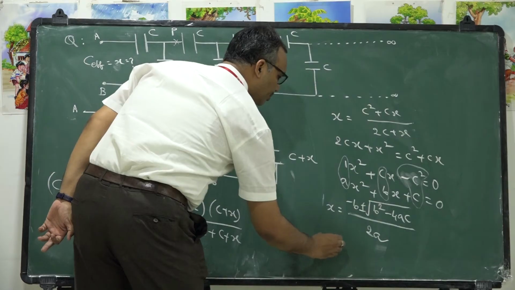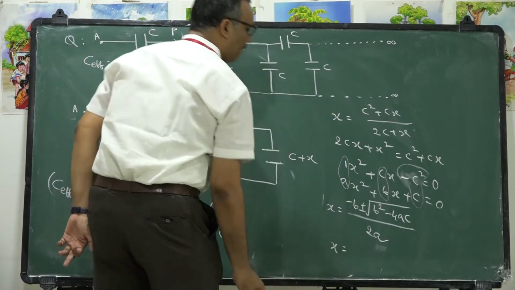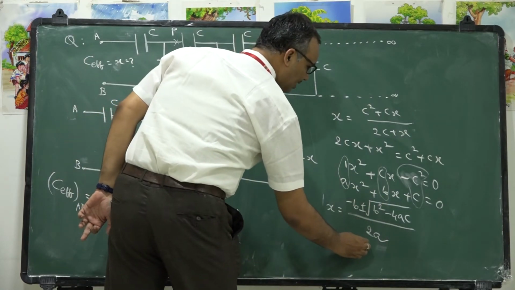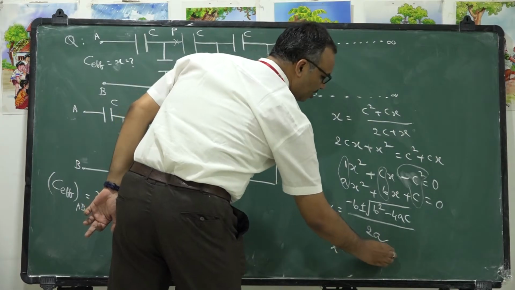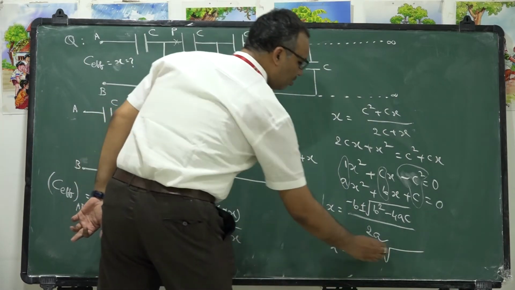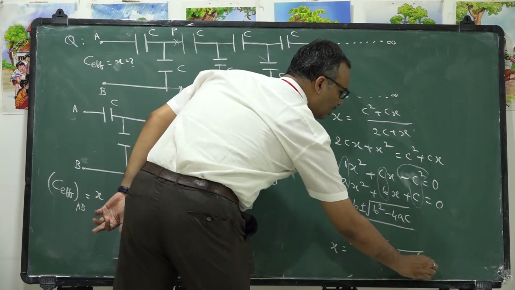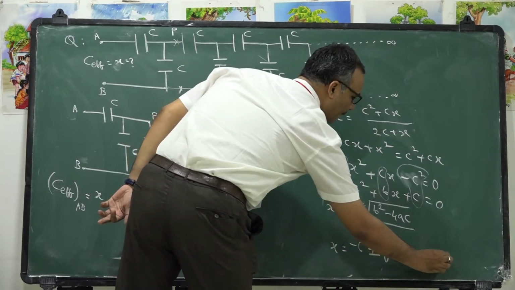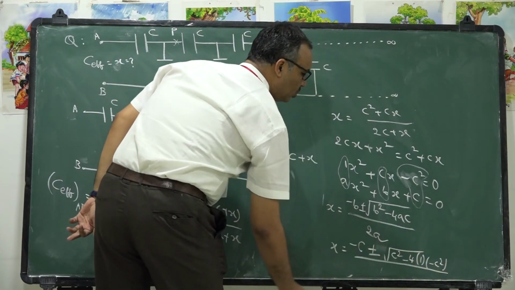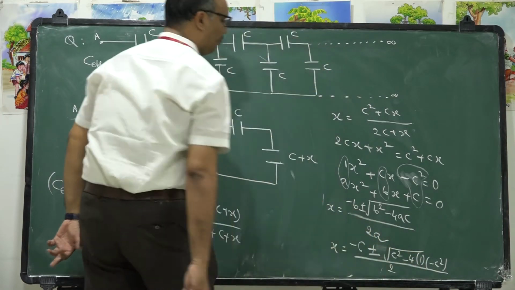Therefore, X can be replaced with minus B, in the sense minus C plus or minus root of B square minus 4AC, where A value is 1, B value is C, so C square minus 4AC by 2A, nothing but 2.